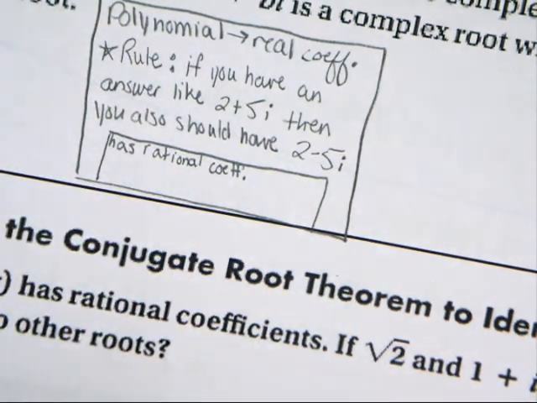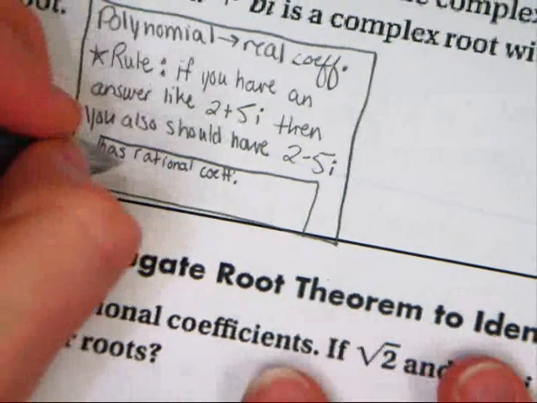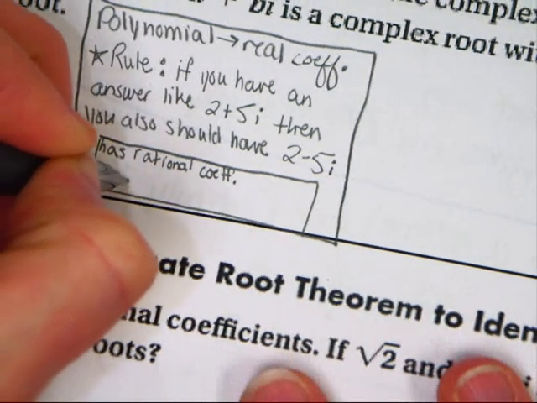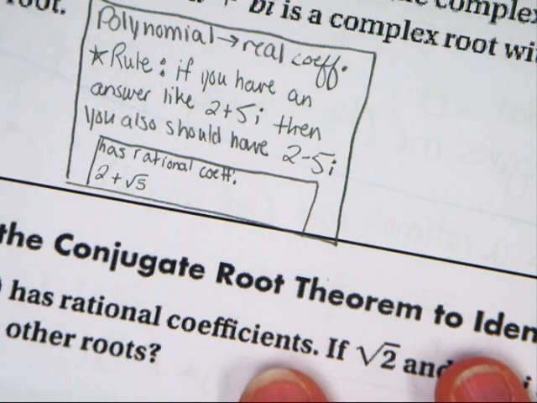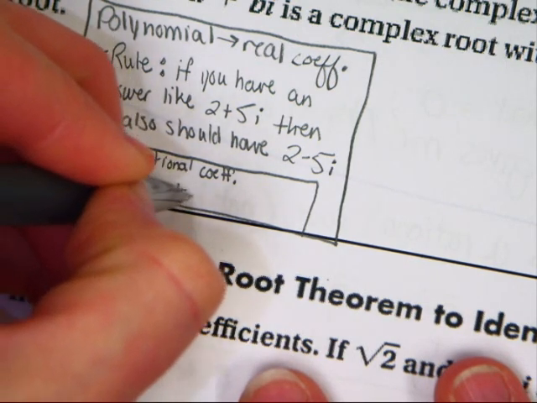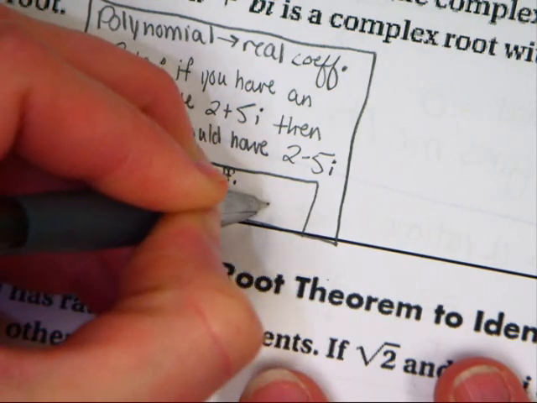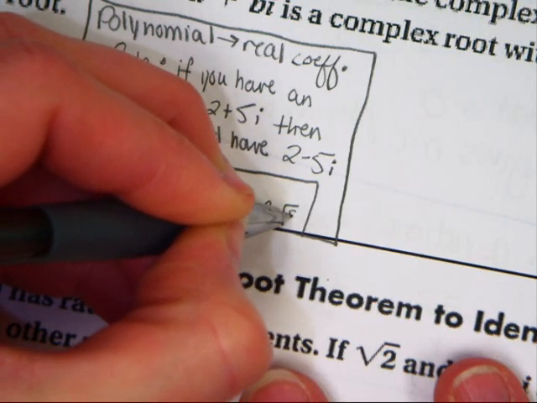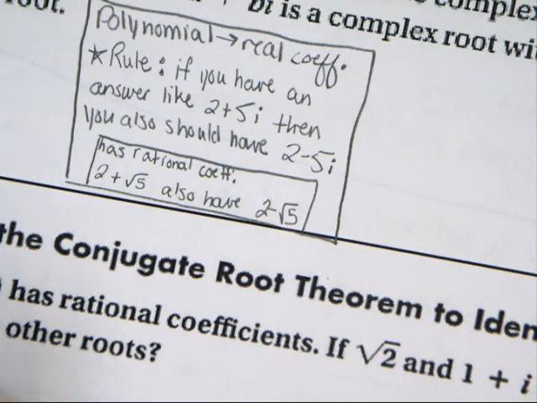If it has rational coefficients, then any type of irrational root, like if you have 2 plus the square root of 5, you should also have 2 minus the square root of 5. And that is when you have irrational roots as answers.